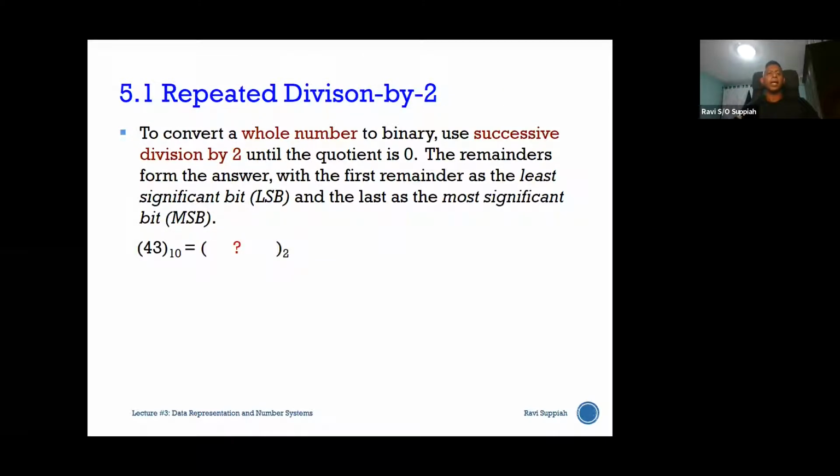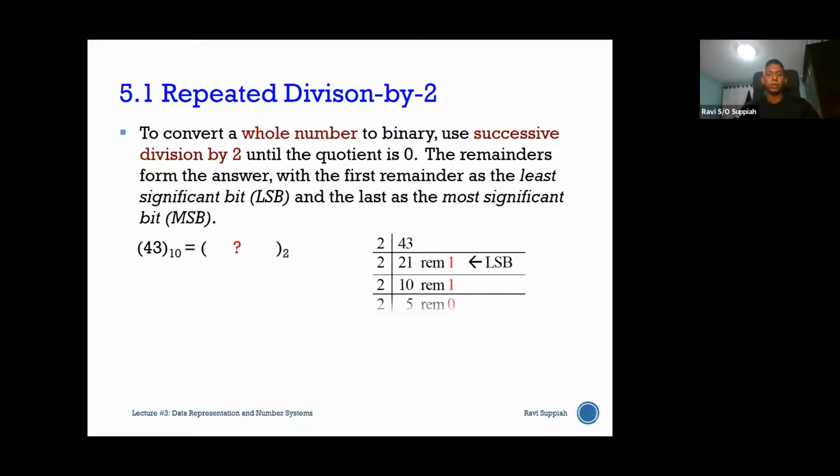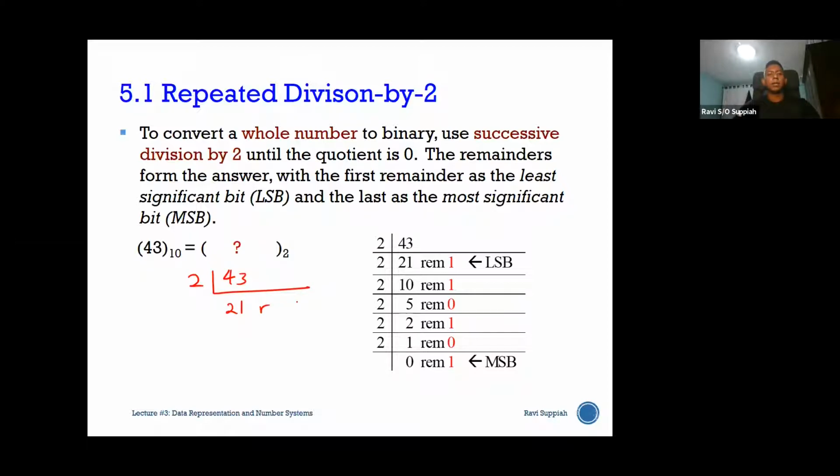To convert a whole number to its equivalent binary representation, all you need to do is successive division by 2 until the quotient is 0. Let me do it step by step over here. So 43, I divide by 2, and I get 21, remainder is 1.